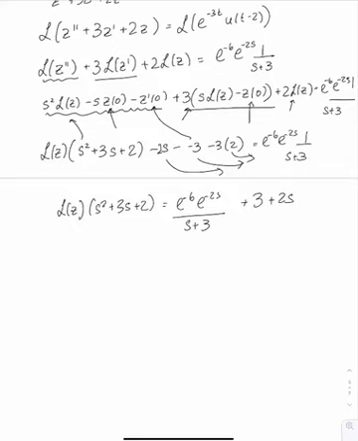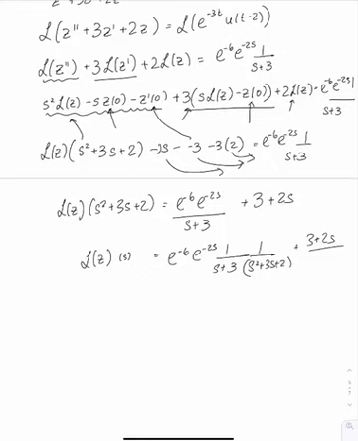All right, and so solving for L of z, of course that's a function of s. If you want, you can write that as e to the minus 6 e to the minus 2s times 1 over s plus 3 times 1 over s squared plus 3s plus 2, plus 3 plus 2s over s squared plus 3s plus 2. Okay, so dividing both sides by s squared plus 3s plus 2. Actually, let's not write that. It's just too much floating around as notation.